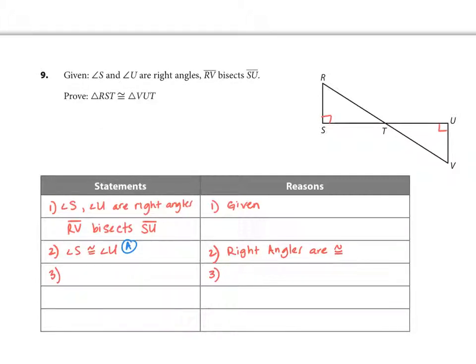Since SU was cut in half, SU is broken up into ST and TU. Those have to be congruent because it got bisected. And our reason is going to be definition of bisector.